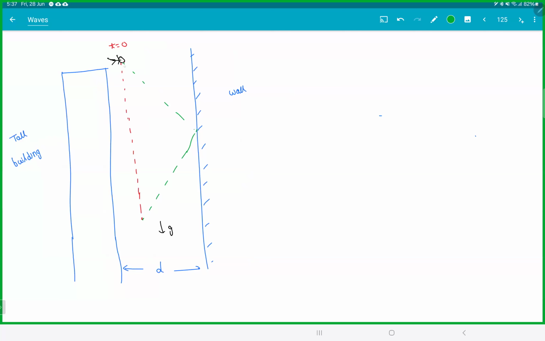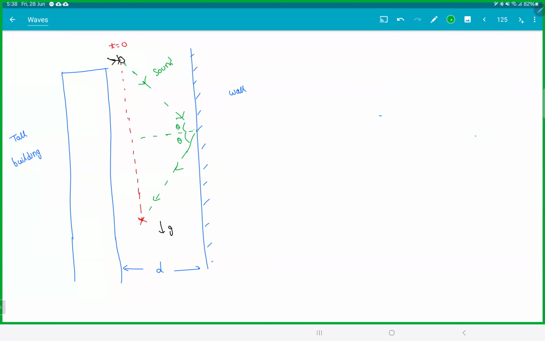So the sound which went this way, this is the sound wave. It hits the wall and bounces back and then he hears it somewhere here. So this is the point where he hears an echo. Now from the principle of reflection, we know this angle and this angle are equal.